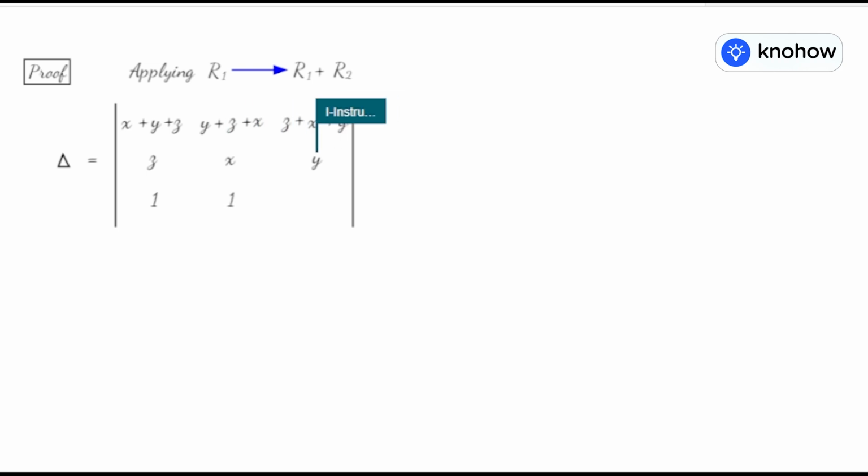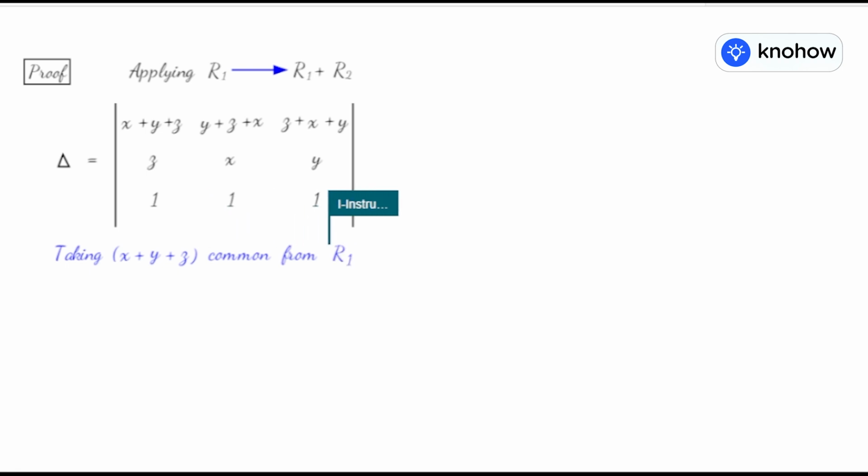And now taking x plus y plus z common from all the elements of R1, you get x plus y plus z outside as a multiple, the elements of the first row reduced to 1, 1, 1.